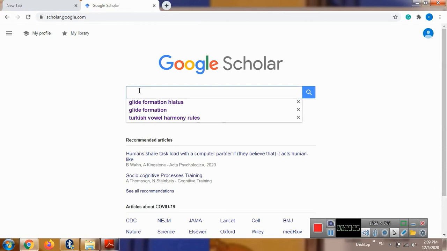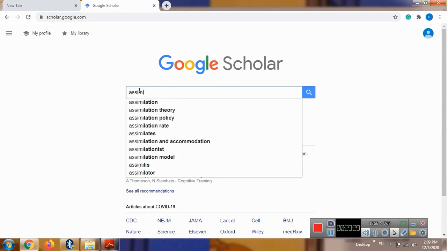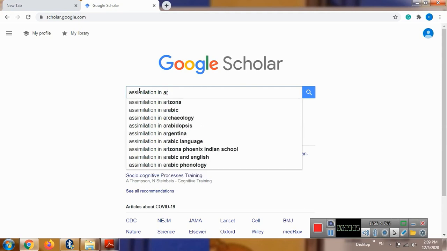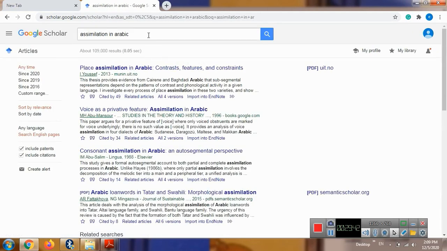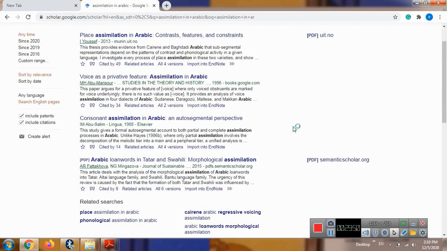Here I write, for example, assimilation in Arabic. Here, instead of assimilation, you can write, for example, dissimilation. You can write deletion, lenition, and others. But it is one way to find such articles.